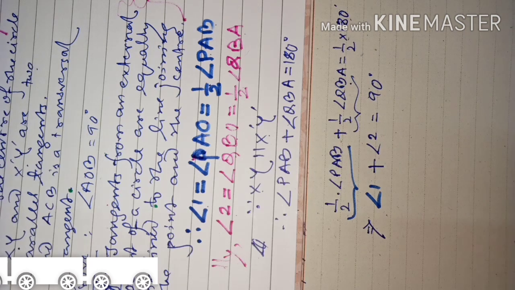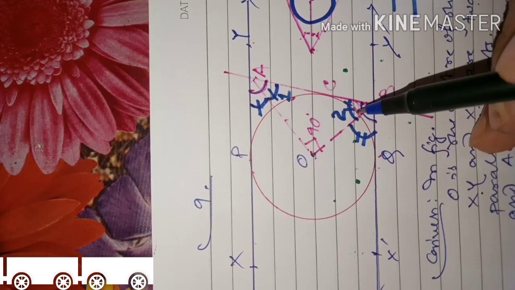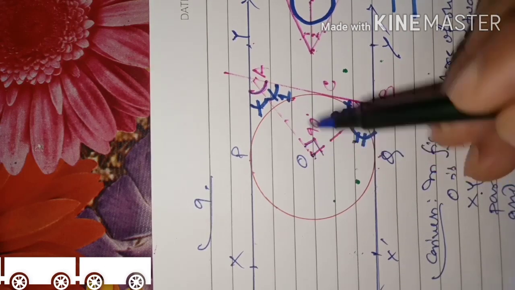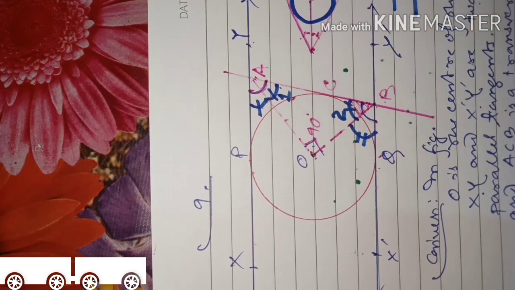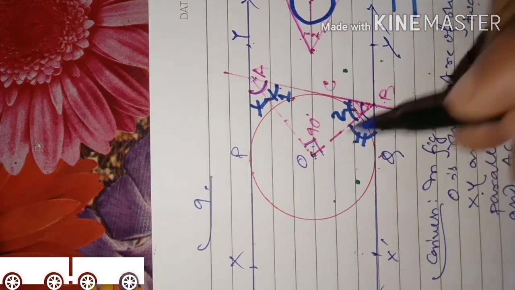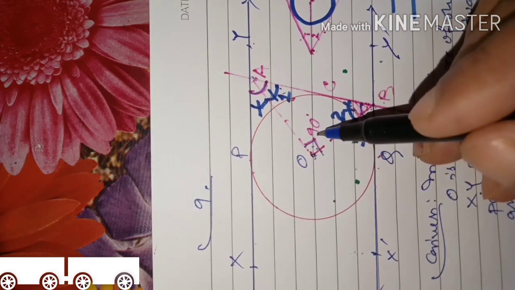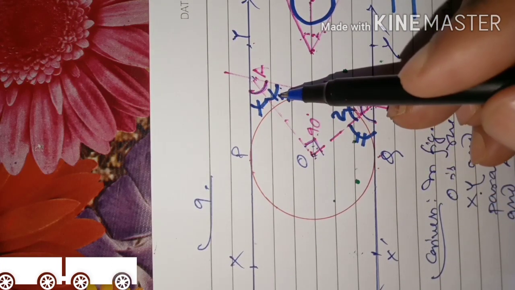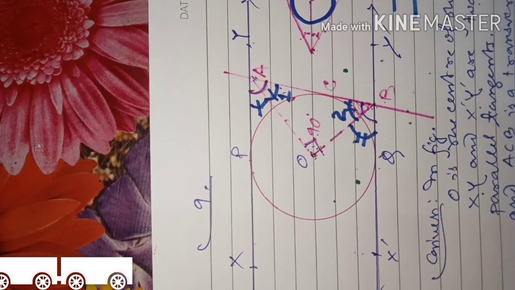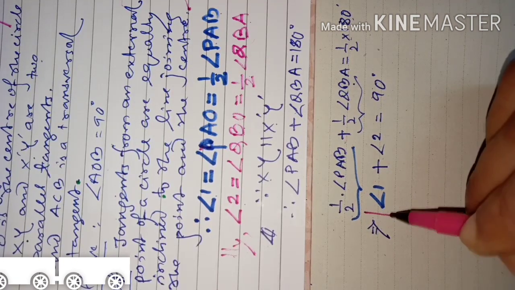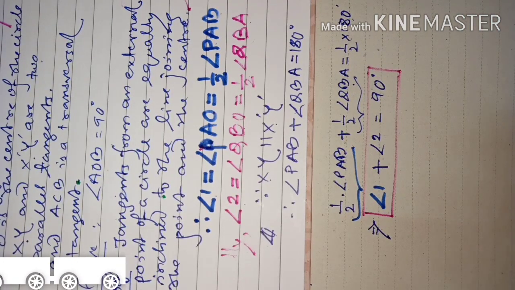Then look at the diagram. Angle 1, angle 2 and this angle together, all these three angles are angles of a triangle, or not? So in triangle AOB, angle 1 plus angle 2 plus angle AOB, just now we don't have 90, we will write like this, is equal to 180 degrees.